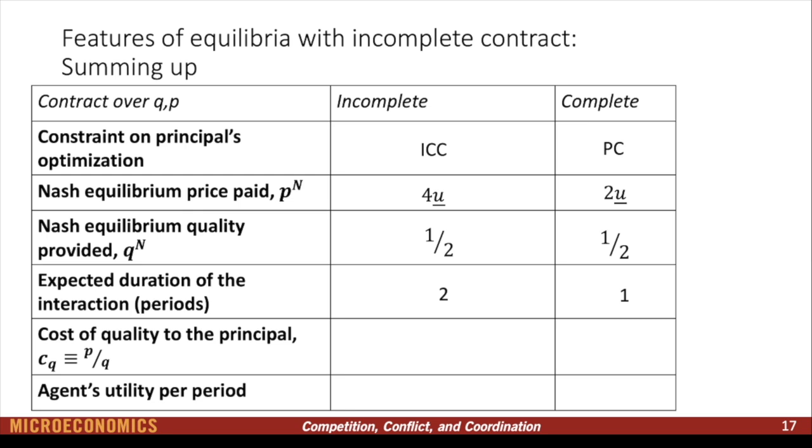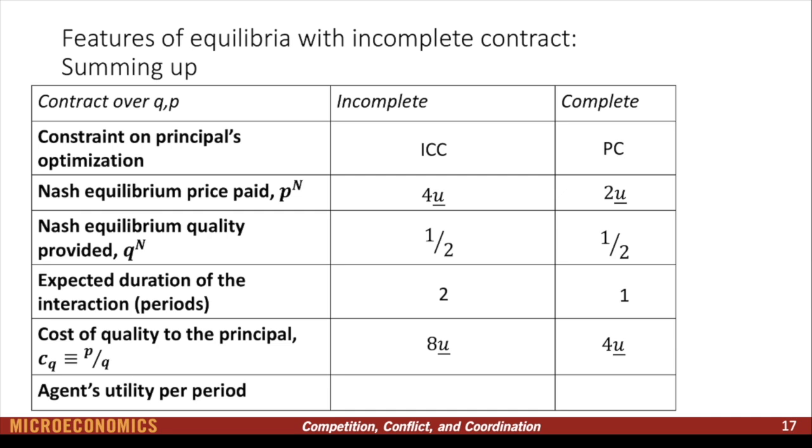The buyer can simply buy quality because there's a complete contract, and so they don't need to have a repeated interaction. Then the cost of quality to the principal, which is C sub Q, the first derivative of cost with respect to quality, is equal to P over Q. That's from the slope of their isocost curve. In the case of a complete contract, that will be 4 times U under bar.